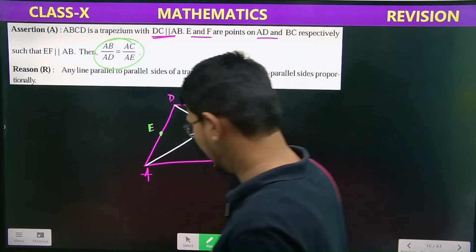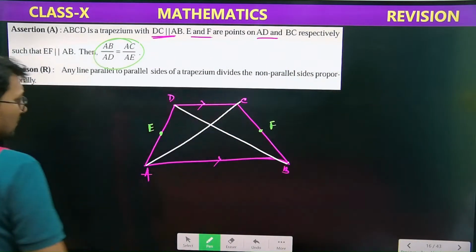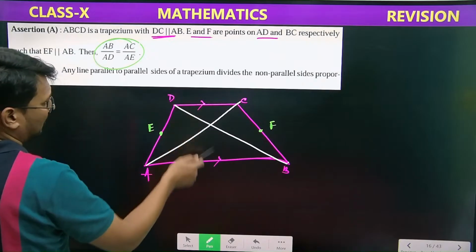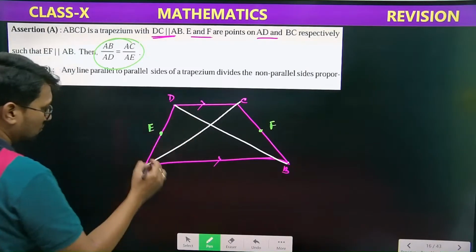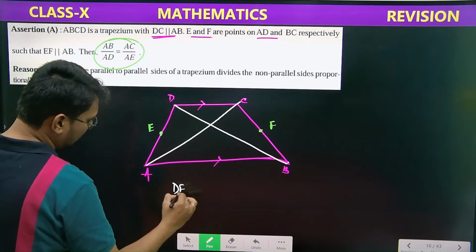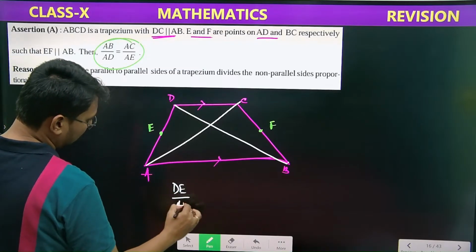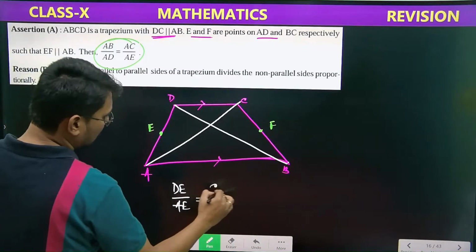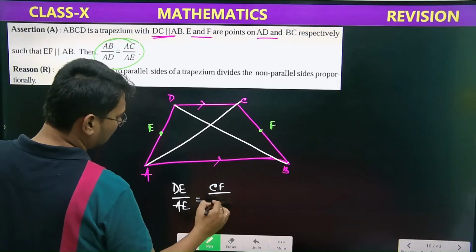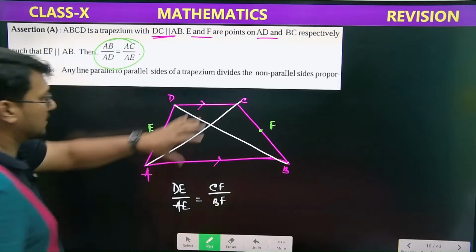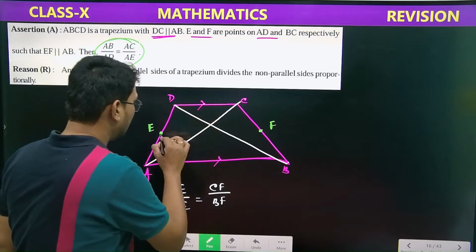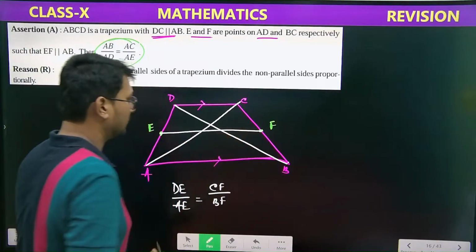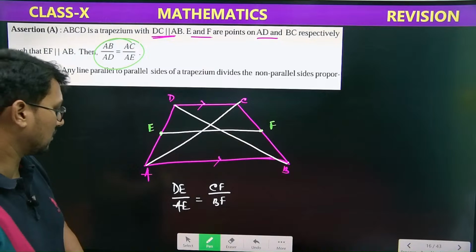Now tell me, though these two are parallel, actually it should give us DE by AE equals CF by BF. Meaning in a trapezium, if these two are parallel, then we can construct this line. Are you getting it?